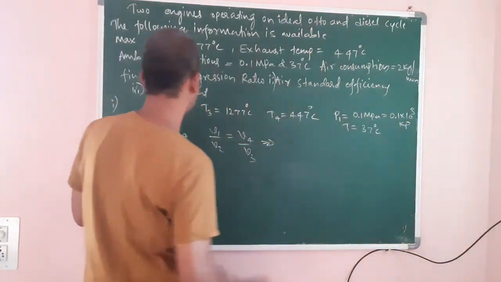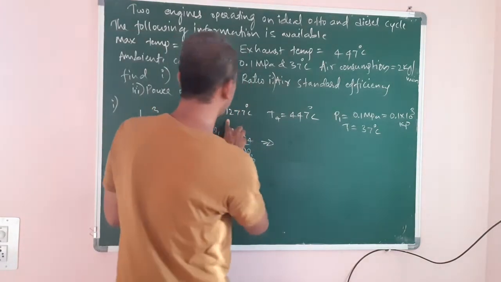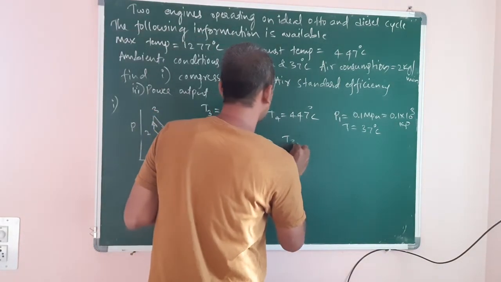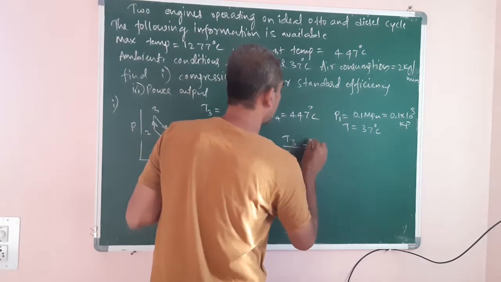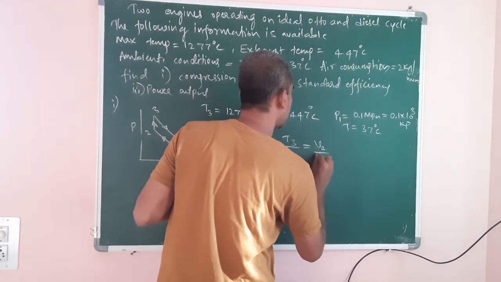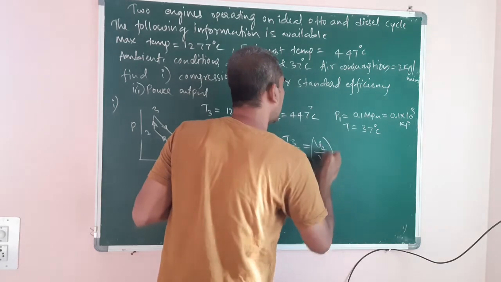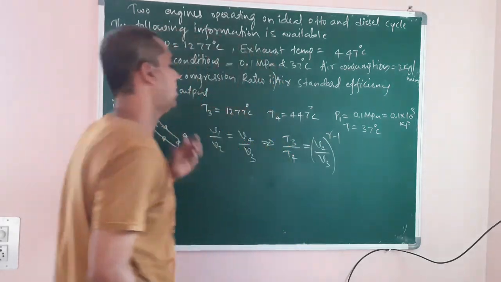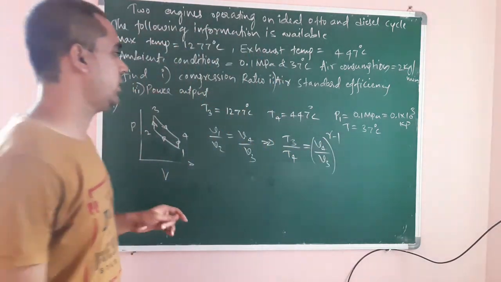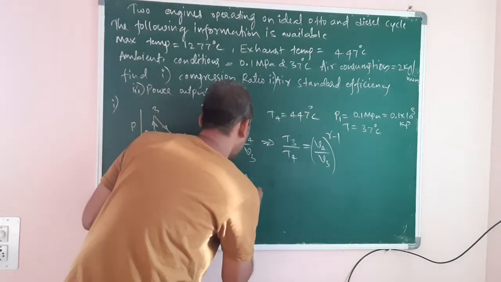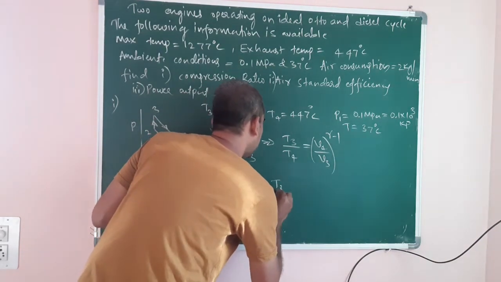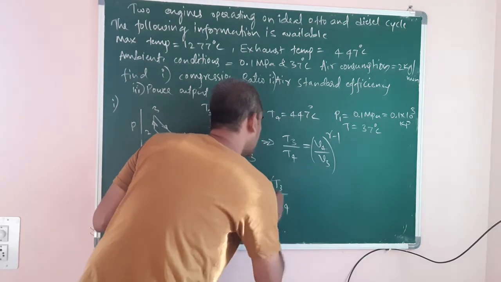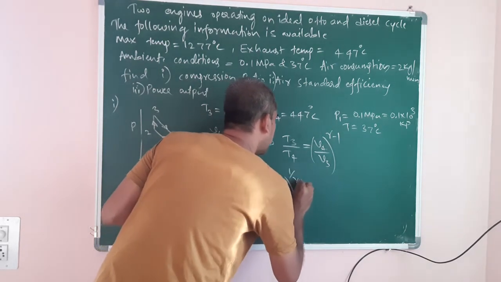We know for the process 3 to 4, T3 by T4 is equal to P4 by P3 raised to gamma minus 1. Therefore, P4 by P3 equals T3 by T4 raised to 1 divided by gamma minus 1.